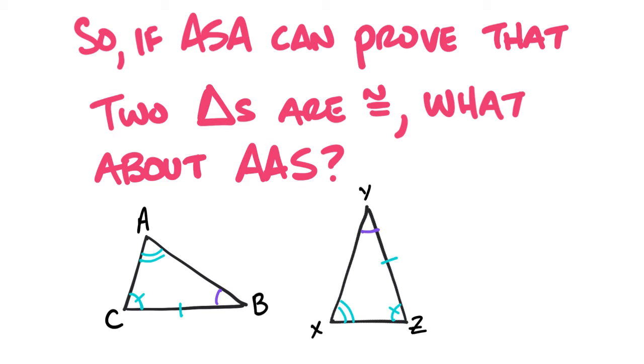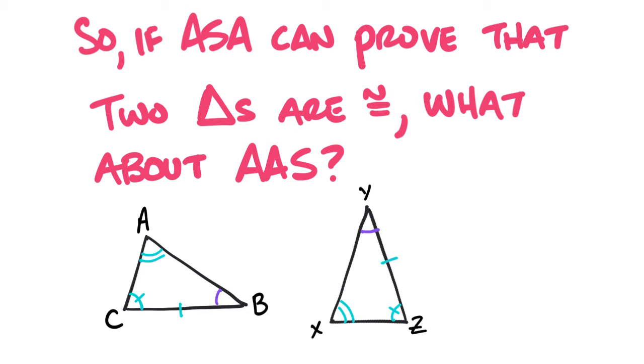Because if angle B and angle Y were not the same, then it would be impossible for both of the sets of angles in these triangles to add up to 180, right? Because A and C are going to add up to the same number as X and Z. Those angles are going to add up to the same total. And A, B, and C all add up to 180. X, Y, and Z all add up to 180. So angle B has to be congruent to angle Y.